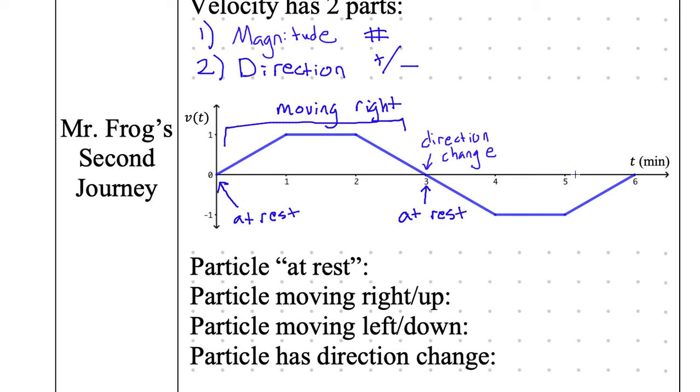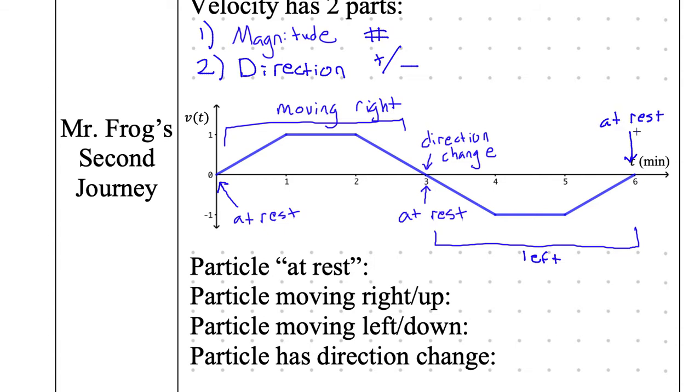And then down here, what is this interval? What's happening? Shout it out. Yeah, going left. I'll just say left. And then what's happening over here at 6, 0? At rest. At rest again.